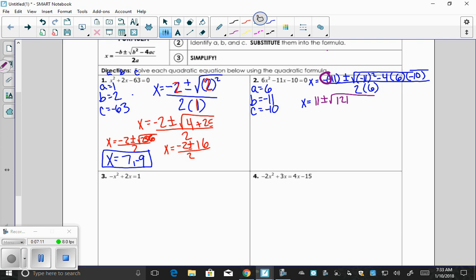Well, negative 4 times 6 times negative 10 is going to be positive 240, all over 2 times 6, which is 12. Combine your numbers inside the square root. So 240 plus 121 is 361 over 12.